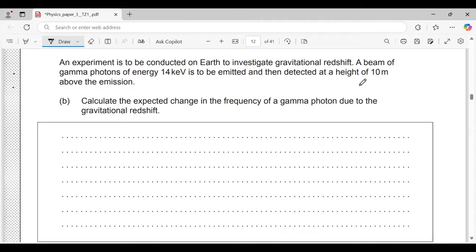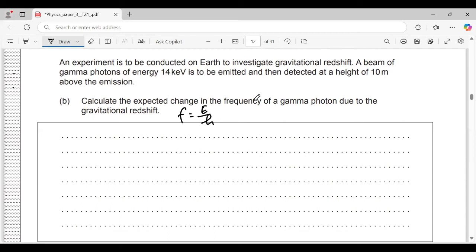To find the gravitational redshift, we are going to calculate first the frequency of the photon. The frequency of a photon we can determine through the formula f equals E over h.